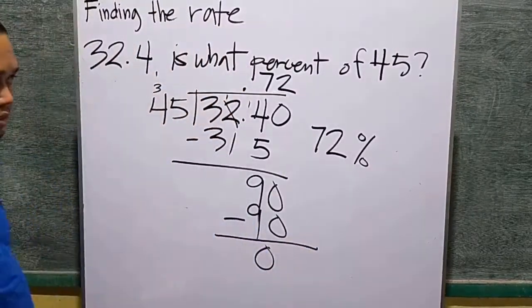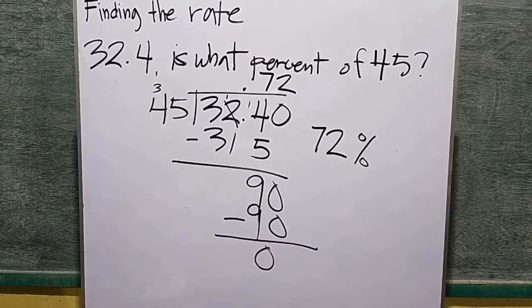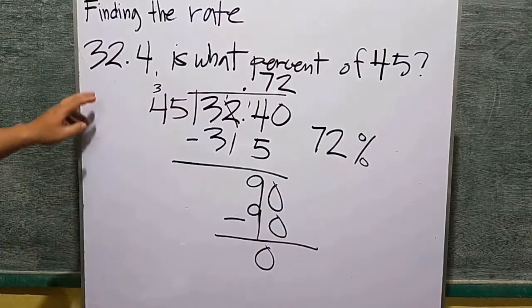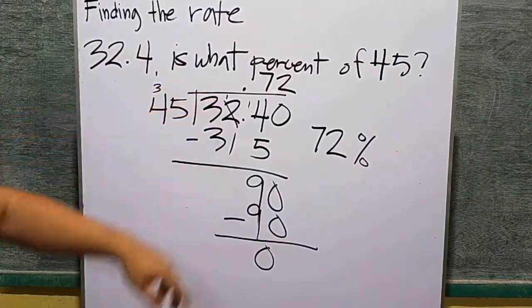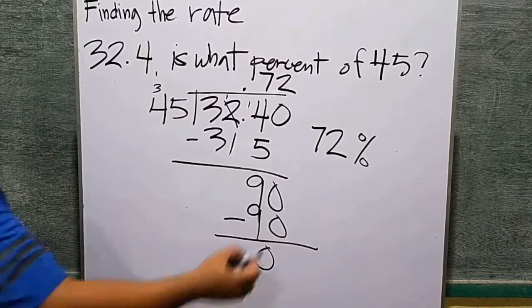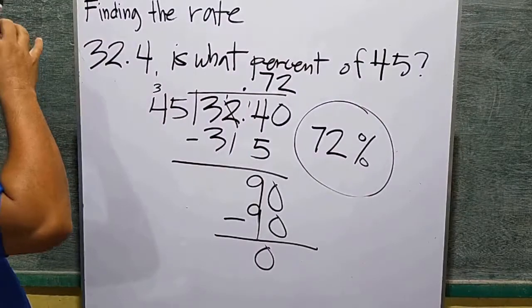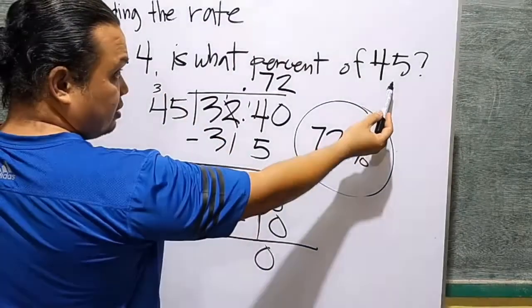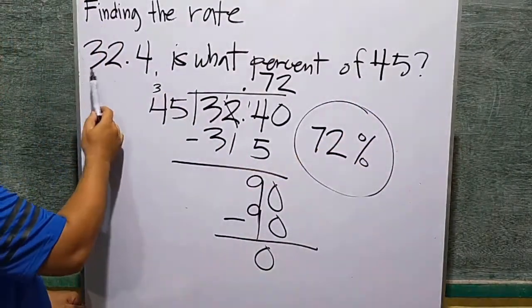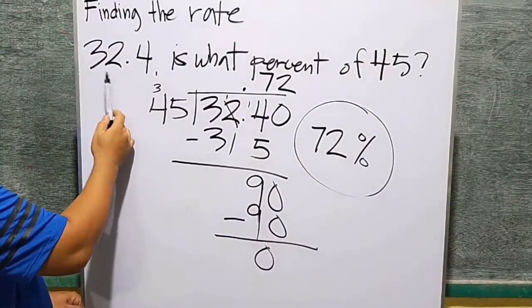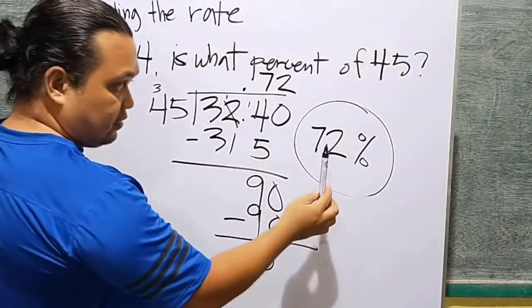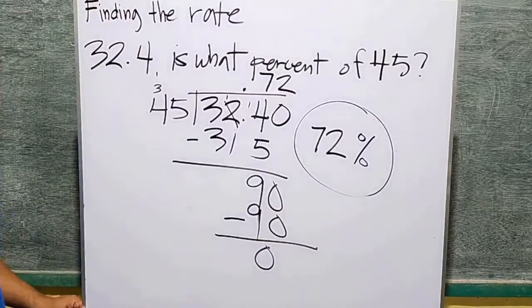So we have 72%. So 32.4 is what percent of 45? It's 72%. Now 45 here is the base, 32.4 is our percentage, while 72% is our rate.